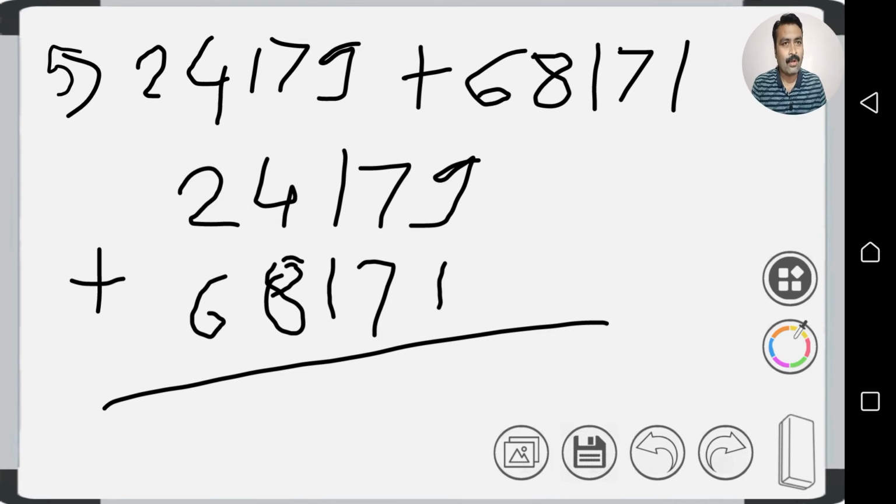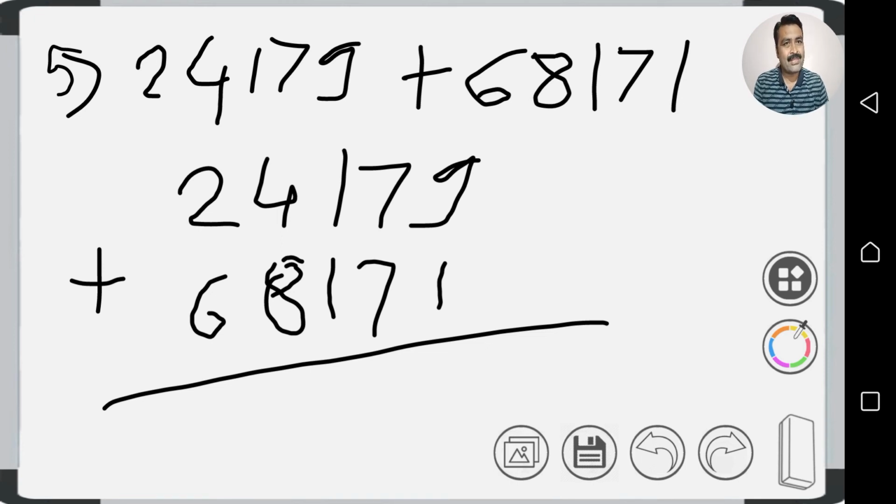Now when we observe the second number's arrangement, first I took 1 below 9. So can you think, we take the 1's place below the 1's place. Then we take 7 below 7, that is tens place below tens place.